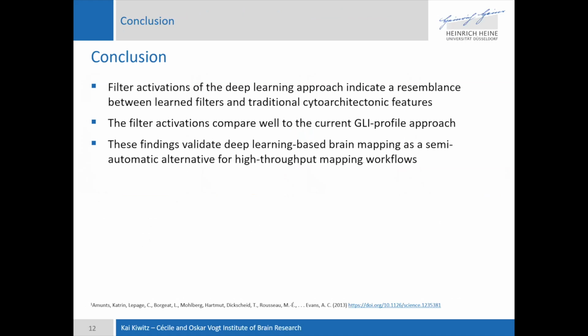And these filter activations also compare well to the currently used GLI approach. This is why we think that these findings validate deep learning-based brain mapping as a semi-automatic alternative for high-throughput mapping workflows in the future.